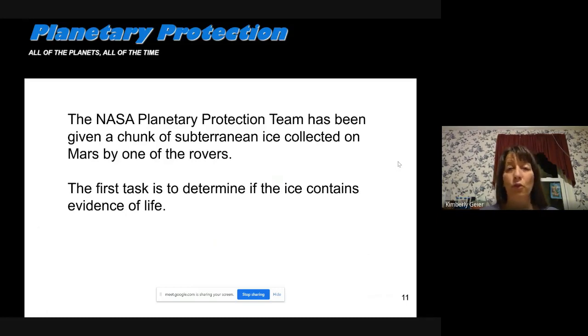No. The rovers are doing some basic rudimentary tests, not nearly what our case study is going to talk about. So no material from Mars has come back to Earth. So this part is now fiction. But let's just pretend that we do get to see here a chunk of this ice that has been discovered.